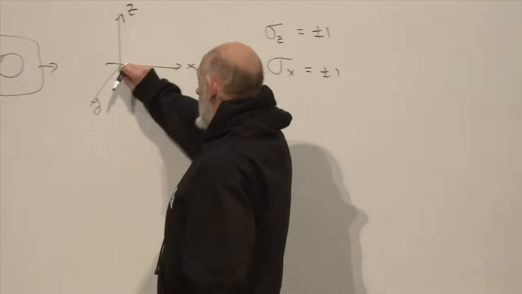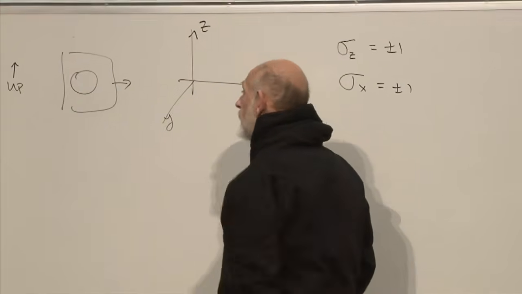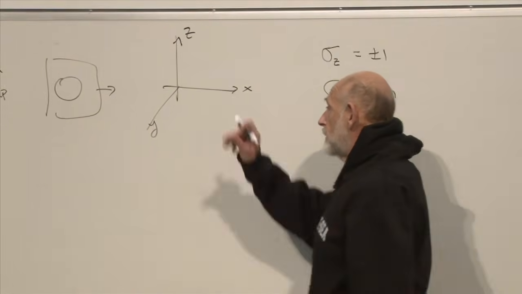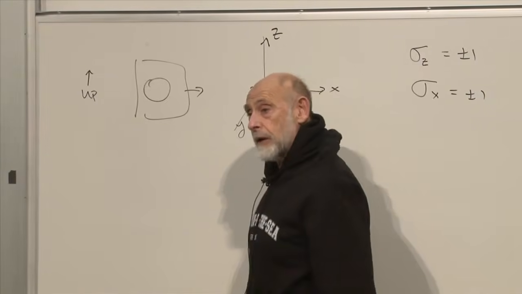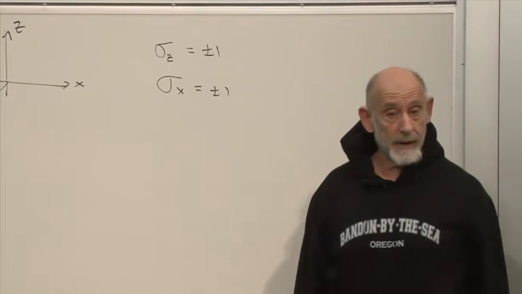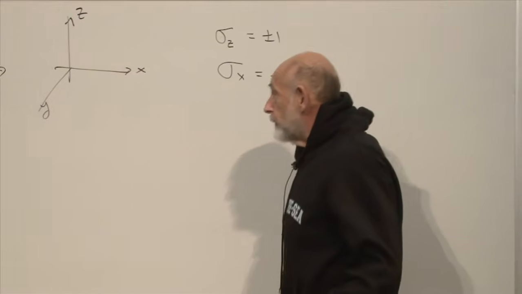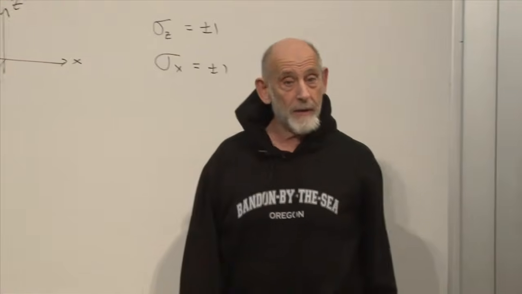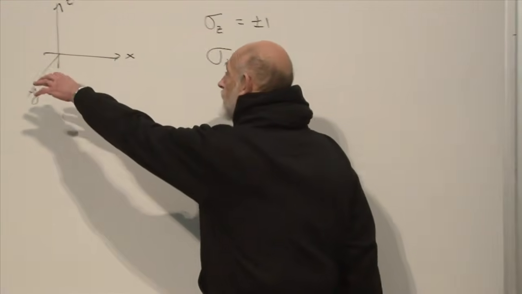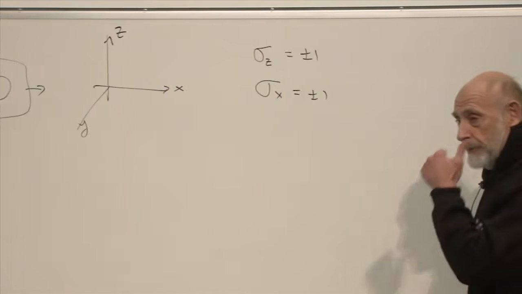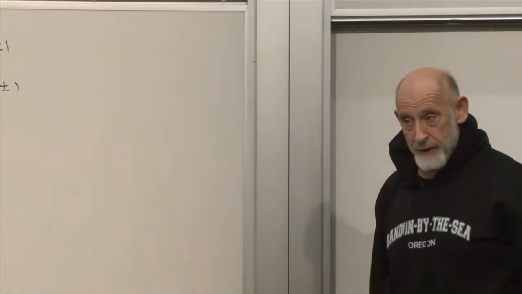Same for the y-axis. If the initial value of the spin was prepared to be up along the z-axis and you rotate the apparatus into the y orientation, again, you'll have equal probability. And so the average value of sigma y will be 0. You can even go beyond that. You can say, let's start with the apparatus, not vertical, but let's start with the apparatus along the x direction.